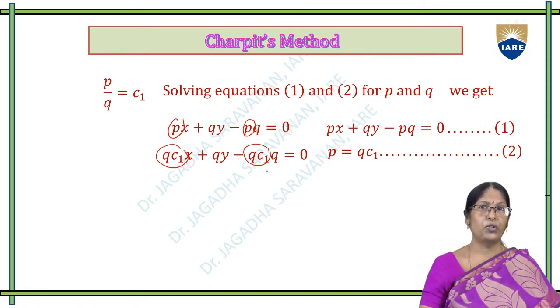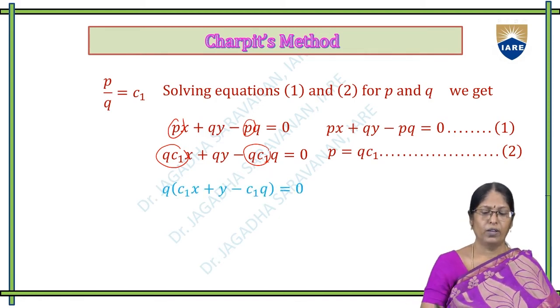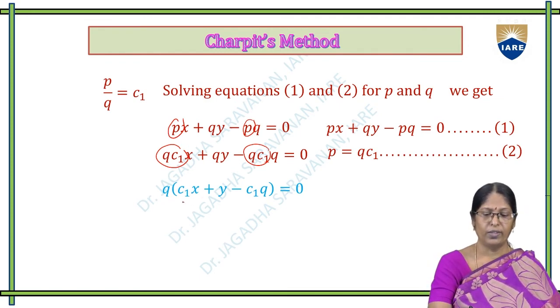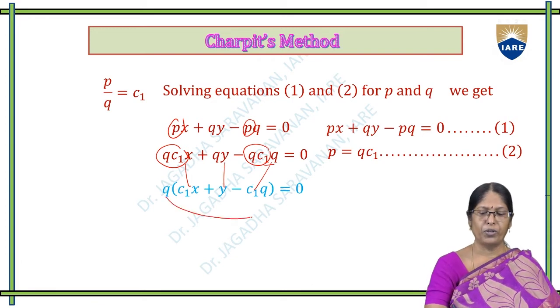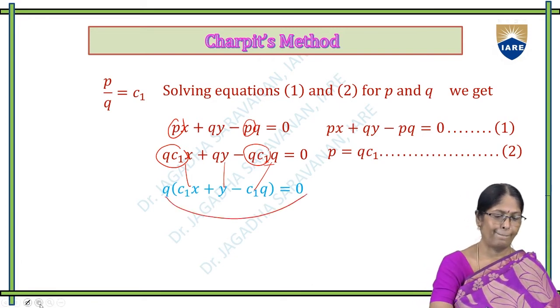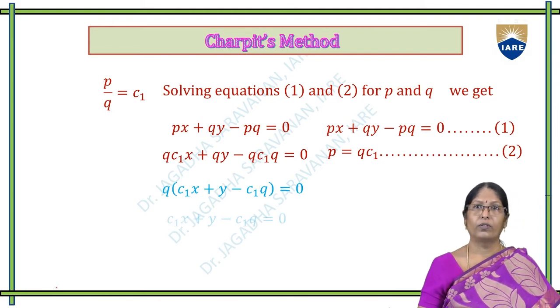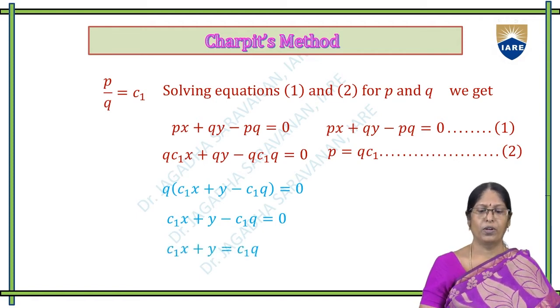Now, after substitution, we notice that q is common throughout, so we have taken q out. The remaining terms are c1x, here y, and here c1q. This we are pushing to the other side. So c1x plus y minus c1q equal to 0, so c1x plus y equal to c1q.